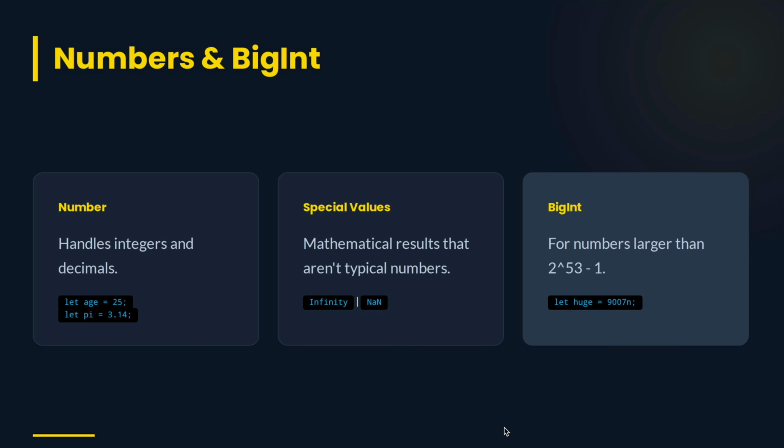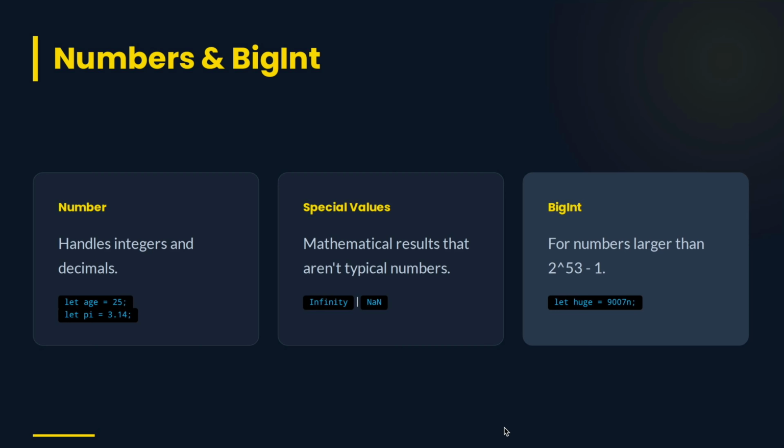Next, we have BigInt. BigInt is used for very large whole numbers. Normally, JavaScript's number type can safely represent integers only up to a certain limit. But sometimes applications need to work with integers much larger than that.